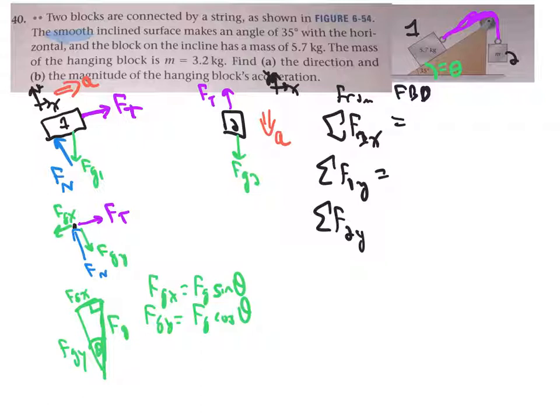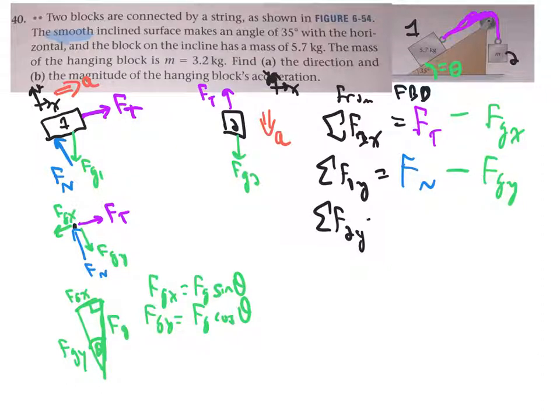And so we see F1x is going to be, well, it has an FT on it, but it also has an FGx. And because FGx points opposite to our axis, it comes in with a minus sign. And then F1y has an FN and FGy, but again, FGy goes into the incline and our axis is off of the incline, so we get something like that.